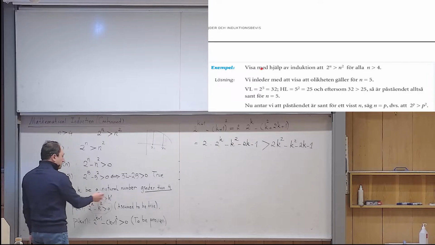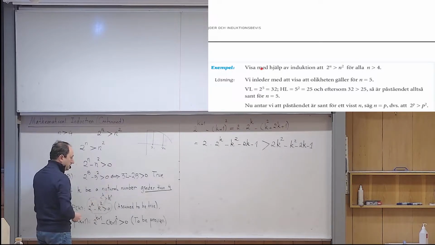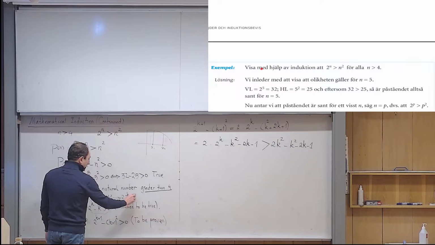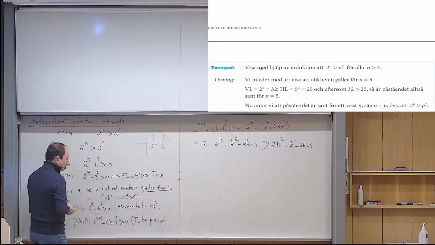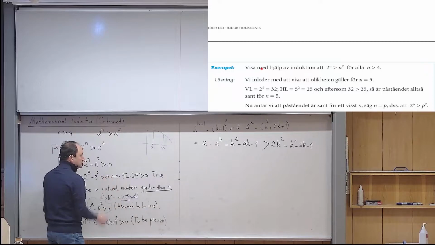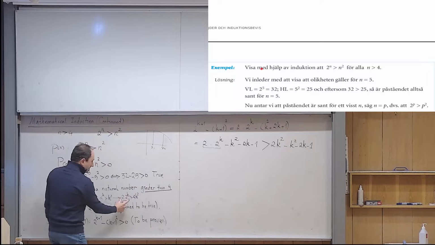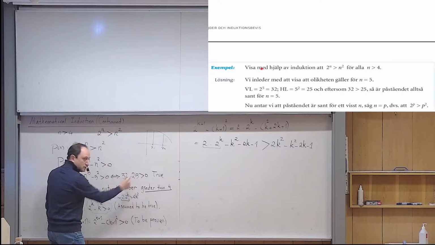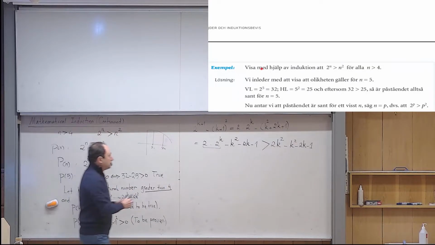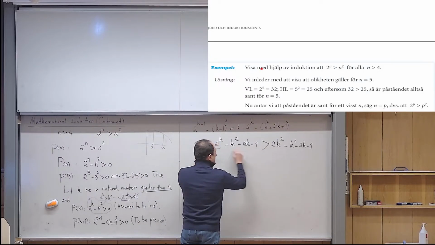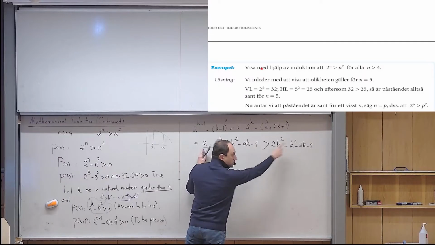Okay, if 2 to the power of k is larger than k squared, am I allowed to conclude that 2 times that is larger than 2 times k squared? Yes or no? Yes. Yes, I just multiplied that by 2. And now look at here. This term appears here. And then I realize that this one is greater than 2k squared. So this term is greater than this one, but the rest of them are the same.